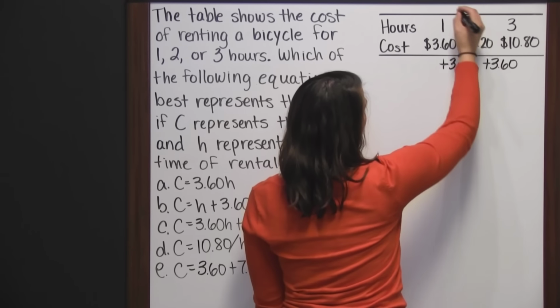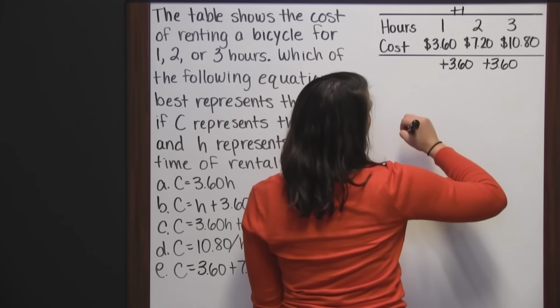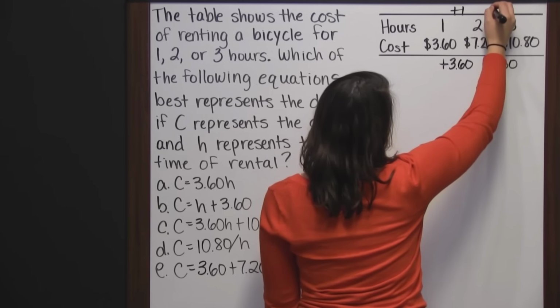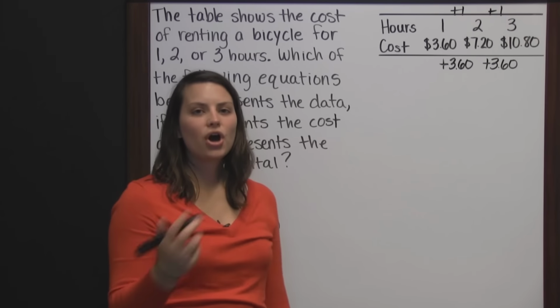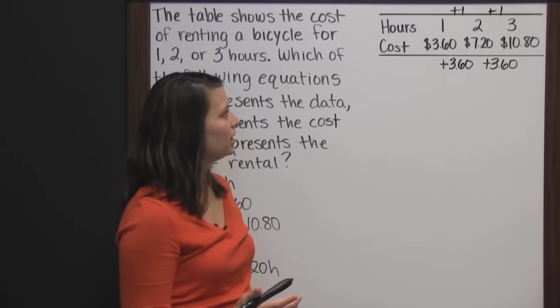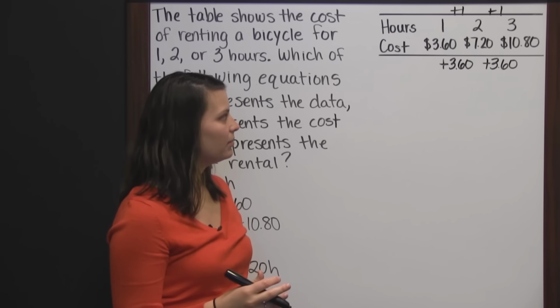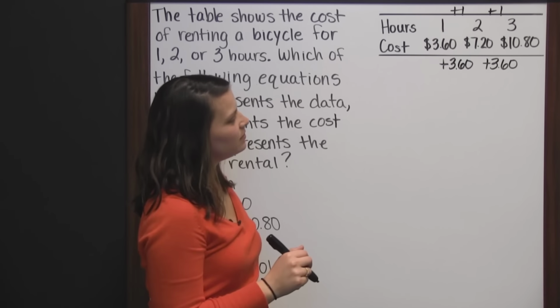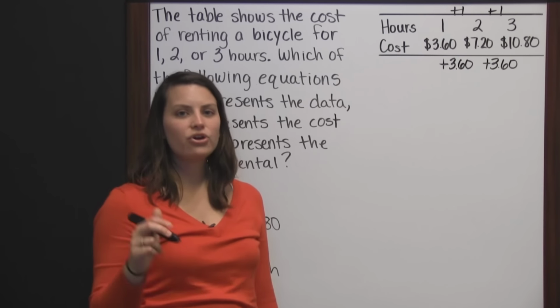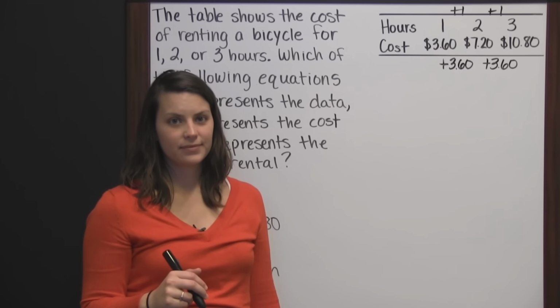From 1 to 2, I increase by 1. From 2 to 3, I also increase by 1. So there's a constant change in my independent variable, my time, as well. This tells me that there's a linear relationship here.